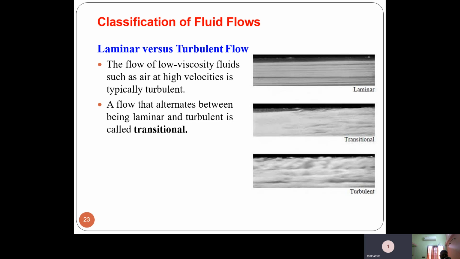Changing its nature from laminar to turbulent is transitional. Here, without seeing the figures or sketches, how can we classify that such and such fluid flow is laminar and such and such is turbulent?